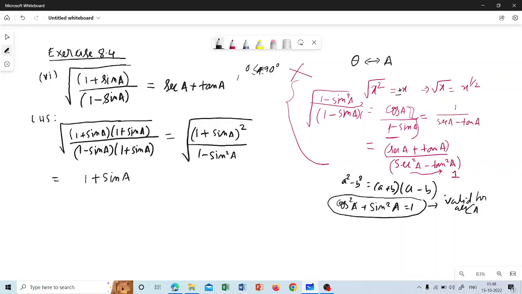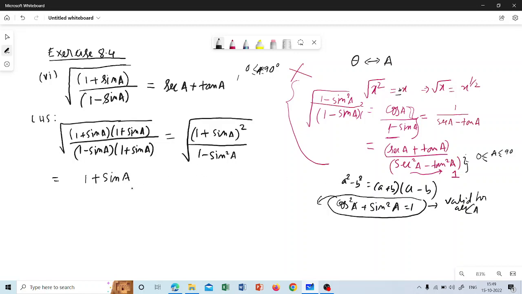It doesn't matter if this a is even greater than 90 degrees. But the identity which I said before is valid only between 0 to 90 degrees. This is the reason why I always say use it in terms of cos and sine, because this identity will always be valid for any angle.